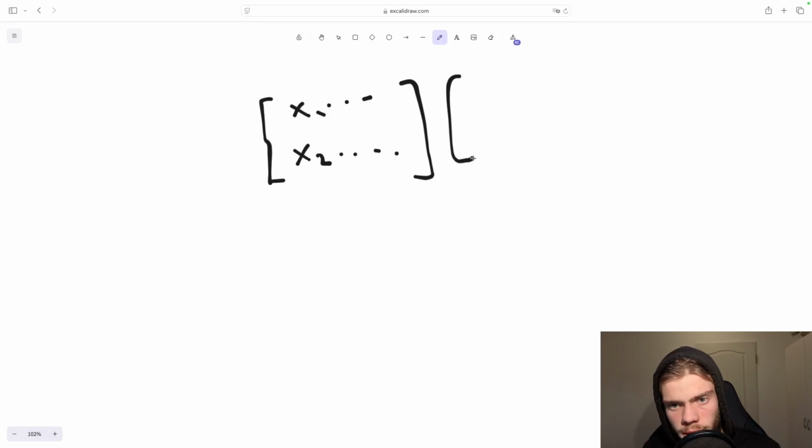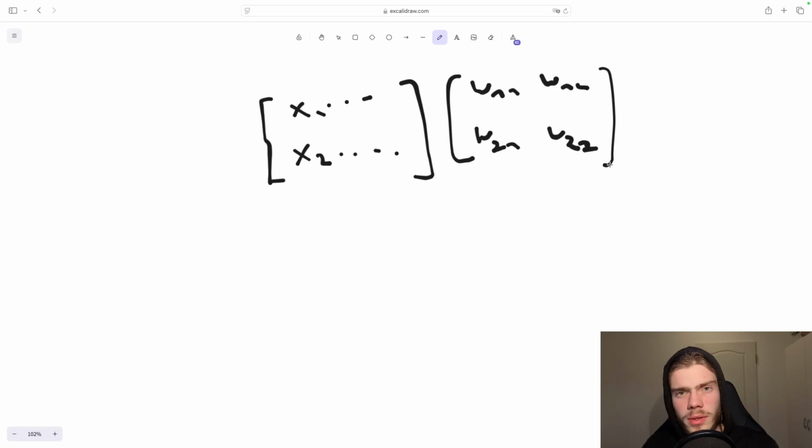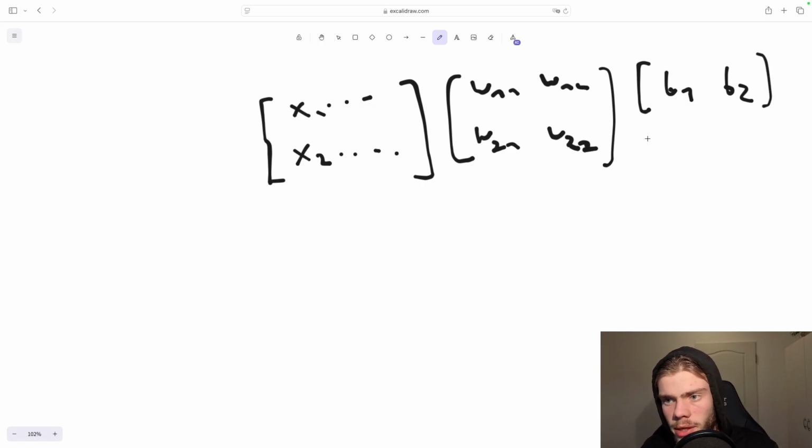And we multiply that by the weight matrix, weight 1,1, weight 1,2, weight 2,1, weight 2,2. We said that we cannot use the single row vector b1, b2, but rather we have to replicate the bias row-wise for each of the individual inputs.